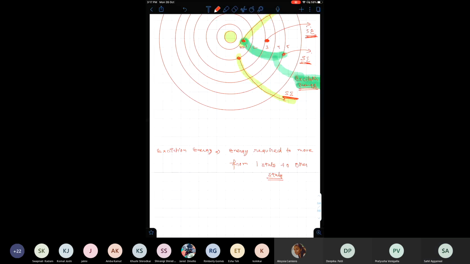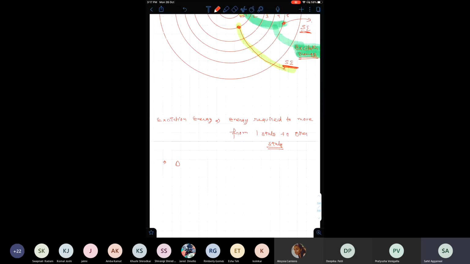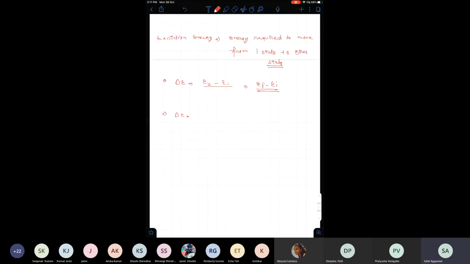Okay. So your energy is moving from some initial state to some final state. So I should say that delta E will be minus 13.6 electron volt into Z square by n final square.